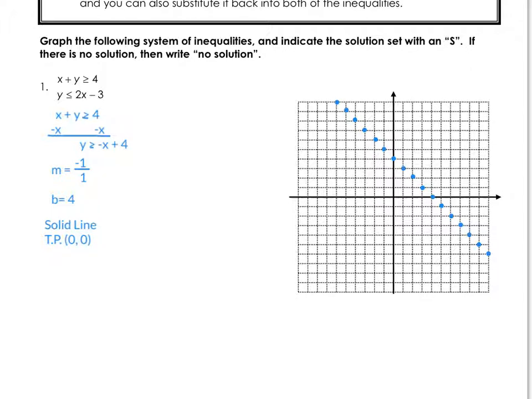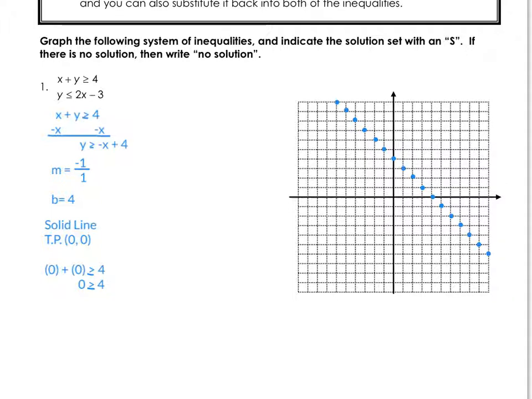In the first inequality, x plus y is greater than or equal to 4, plug in 0, so 0 plus 0 should be greater than or equal to 4. 0 is greater than or equal to 4, and that is not a true statement, so that's false. So I'm going to shade away from that.